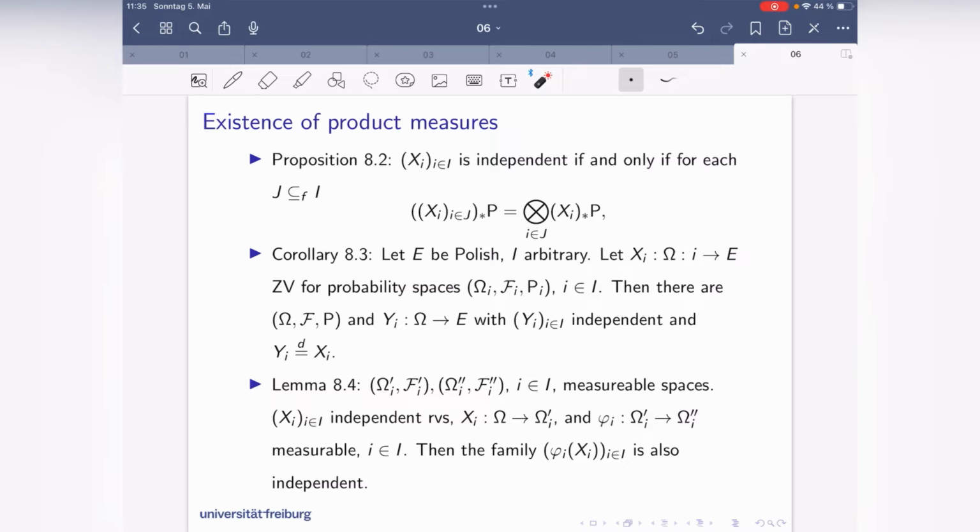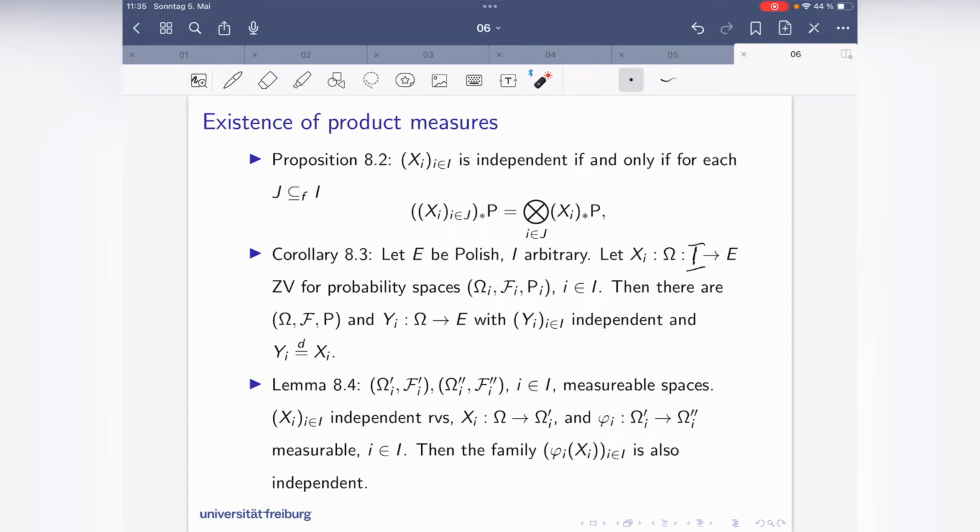The question is, if you have distributions or random variables on some set, so this is capital I. So if you have random variables Xi, is there a probability space such that they are independent?